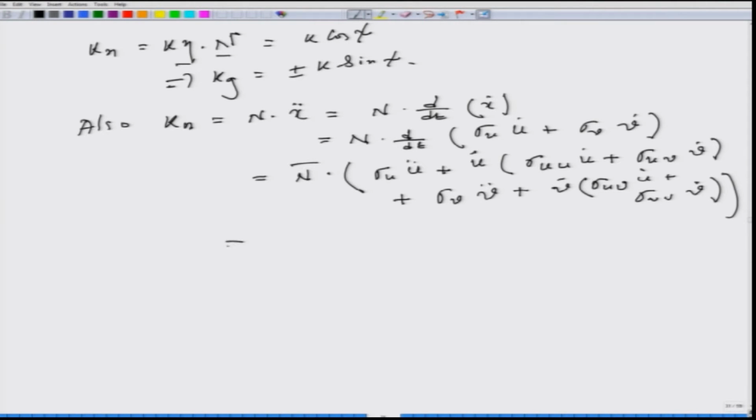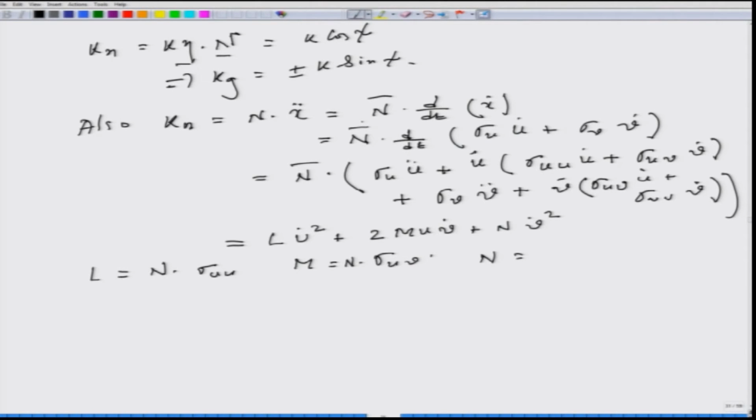So this is actually now written as L u dot squared plus 2M u dot v dot plus N v dot squared. So what will L be? You collect the terms: L will be n dot sigma_uu, M will be n dot sigma_uv, and N will be n dot sigma_vv. Oh, there are two n's; this n is the principal normal.